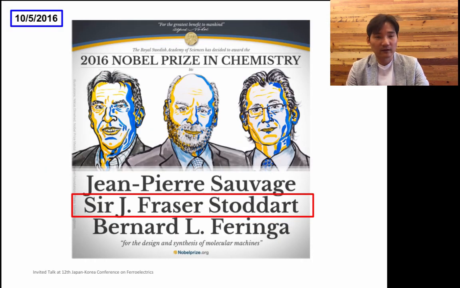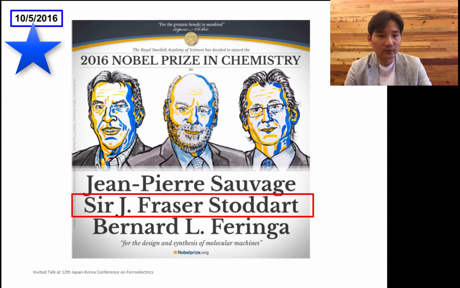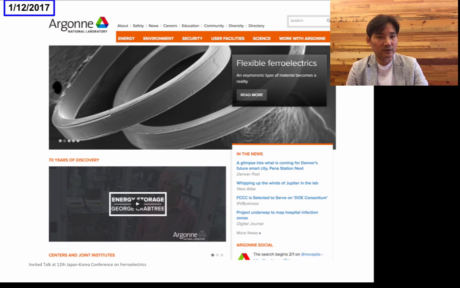October 5th, Sir J. Fraser Stoddart got his Nobel Prize in Chemistry, and they were giving us the right to announce the news on Nature Communications, obviously because the Nobel Prize news was a bigger one. So I was honored to be able to get this news out when I joined KAIST on the same date, January 12, 2017.